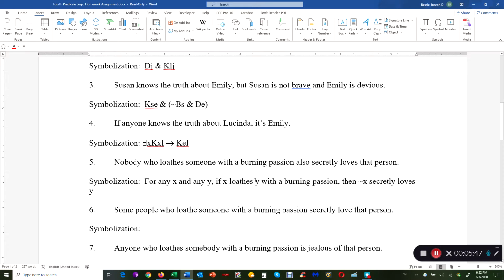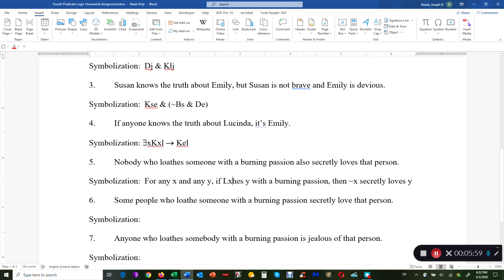For any x and for any y, if x loathes y with a burning passion, then it's not the case that x secretly loves y. Putting in the predicate symbols, if L, x, y, if x loathes y with a burning passion, that's what L, x, y means, then it's not the case that S, x, y.